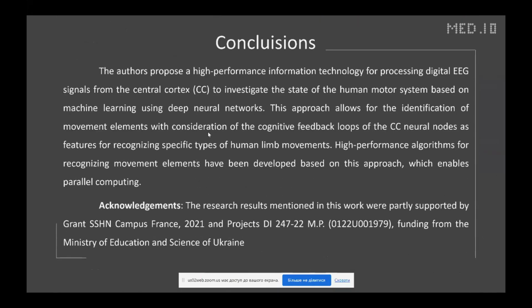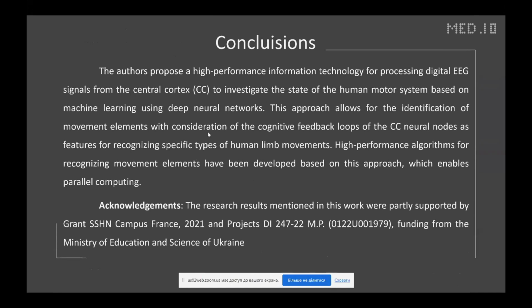Conclusion. The author provides a high performance and huge technology for processing EEG signals for the central cortex in the investigation of the state of the human motor system, based on machine learning using deep neural networks.